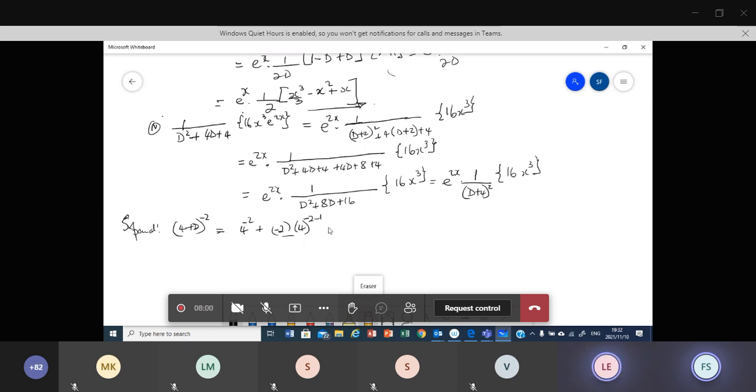Plus the next one: minus 2, minus 2 minus 1, 4 to the power minus 2 minus 2, and here comes d squared over 2 factorial, plus the third one.